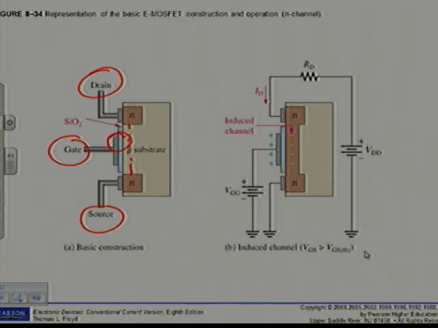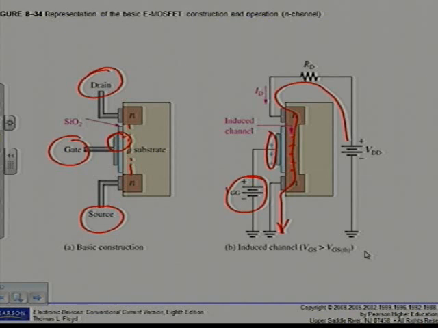When I apply a positive voltage to the gate, on this side I will create positive charge, and that will induce electrons on that side. Due to the electrons on that side, it will induce a channel. And now due to the channel, we will get current flow from my drain to my source.